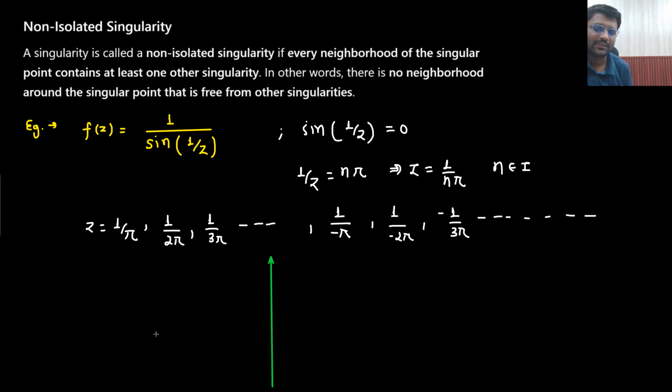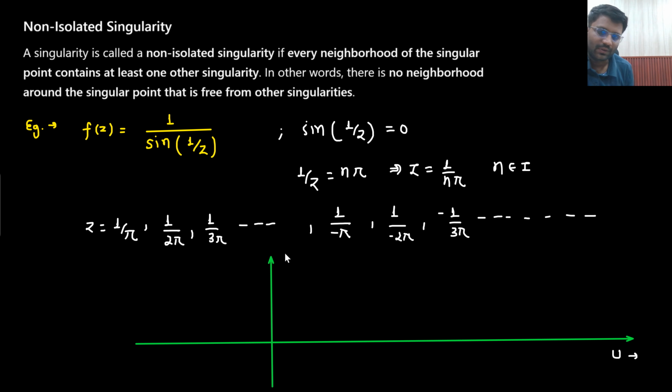Let's plot the problems. So let's talk about these points. So first problem came at 1 by pi. Because it is only real, no? There is no imaginary part. Let's just say this point is 1 by pi. Then second problem came at 1 by 2 pi.